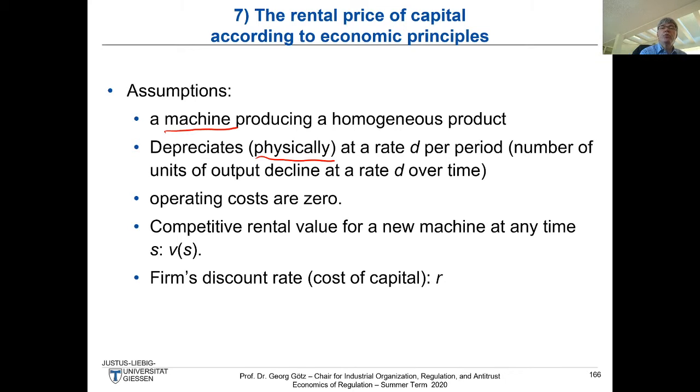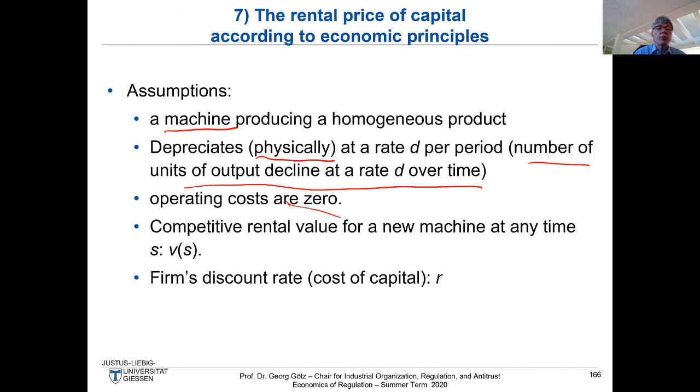The number of units of output declines at a rate d. So in terms of our electricity, it turns out, say, 10 gigawatt hours today and only 9 gigawatt hours next year. And the operating costs are 0 here, assumed for simplicity.